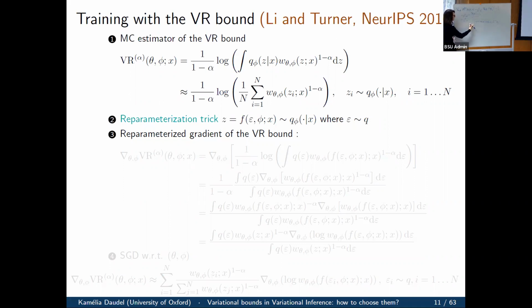Everyone follows? Lotus rule: if I take the gradient, under the pure differentiation assumption I can go through the integral and bypass this term. So I have the expectation over epsilon of the gradient of w phi f epsilon. Think this one through.